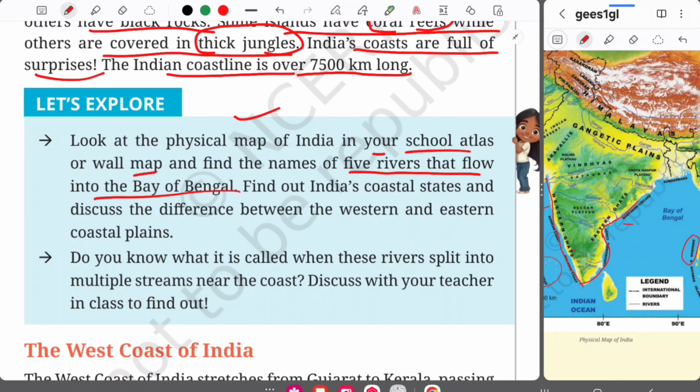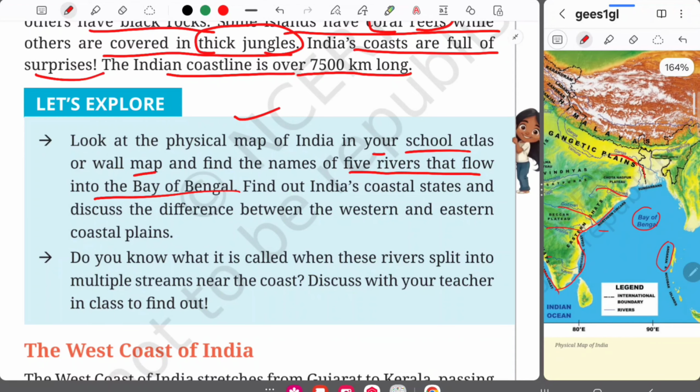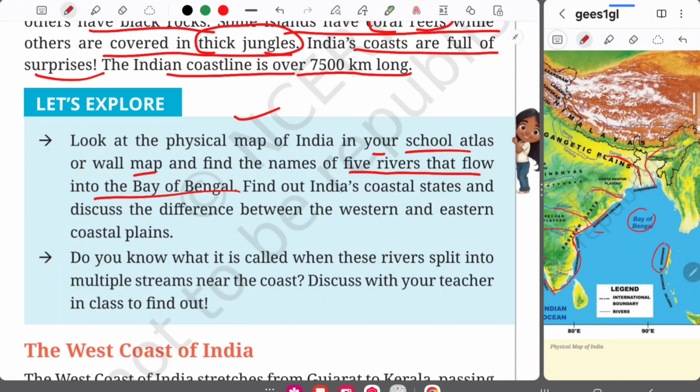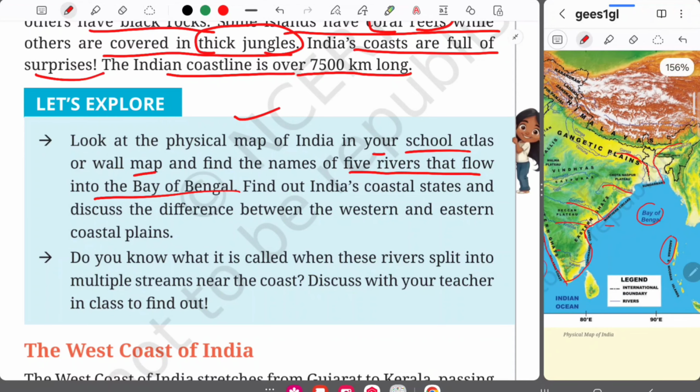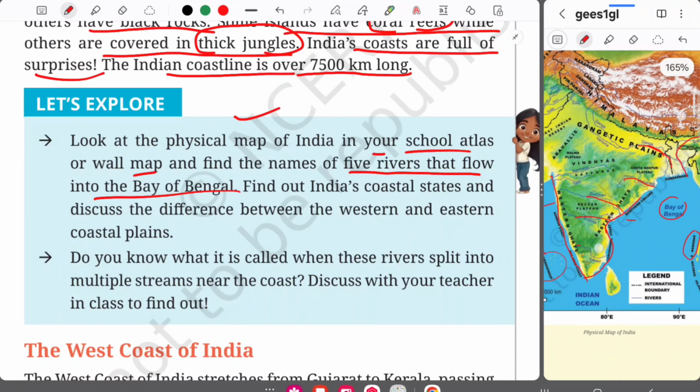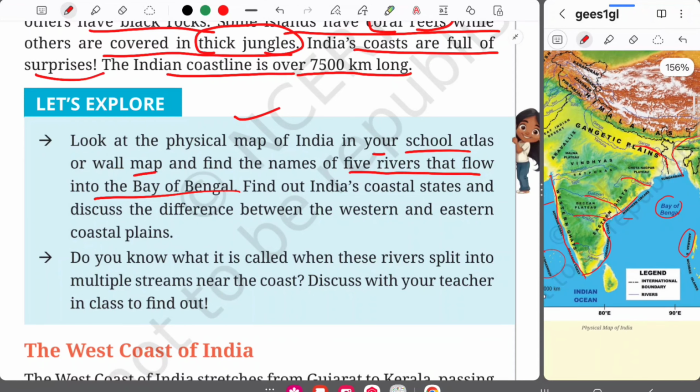Krishna, Godavari, and Mahanadi. Then we have the Ganga river here, and another we have the Brahmaputra here. All these rivers flow towards the Bay of Bengal, they drain themselves towards the Bay of Bengal. And find out India's coastal states and discuss the difference between the western and the eastern coastal plain.